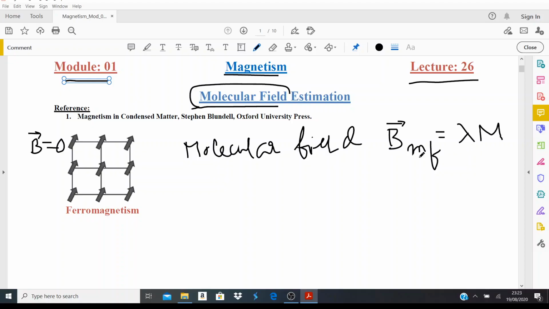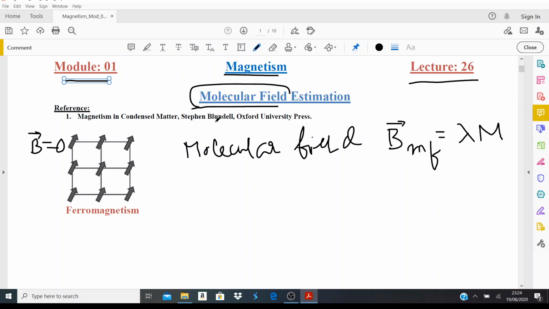The important thing is that for this molecular field, we want to estimate what value BMF has inside the solid so that it can align the moments. But note, I am not commenting about the origin of this molecular field because that requires a separate discussion and depends on different quantum mechanical considerations.